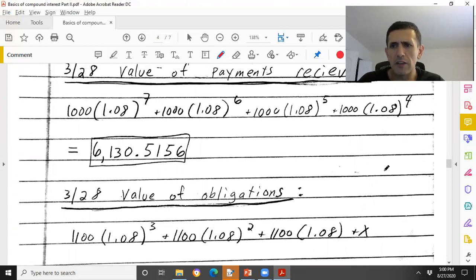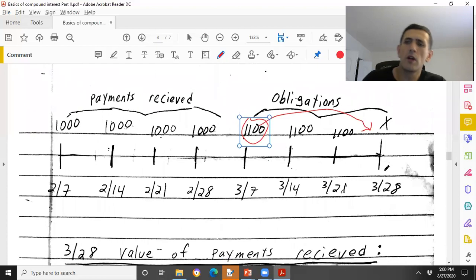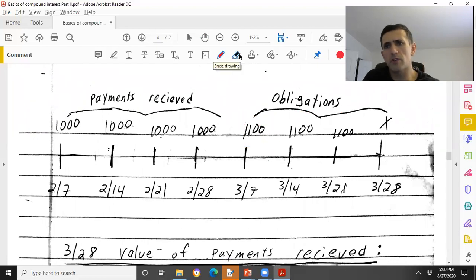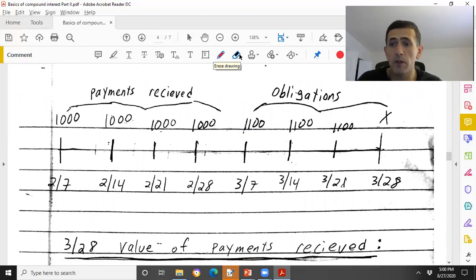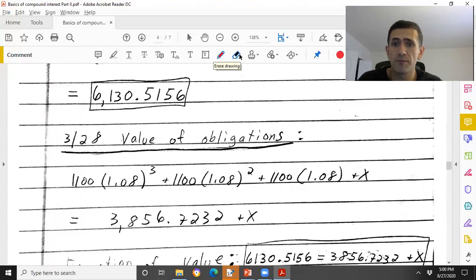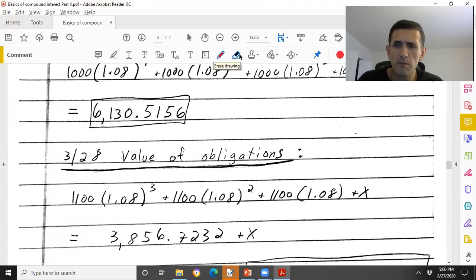And finally, at the end of the loan, on March 28th, Walt completely pays off the loan, and henceforth, that X payment does not accrue any interest. All right. So you add all this up, 3,856 and roughly 72 cents plus X.